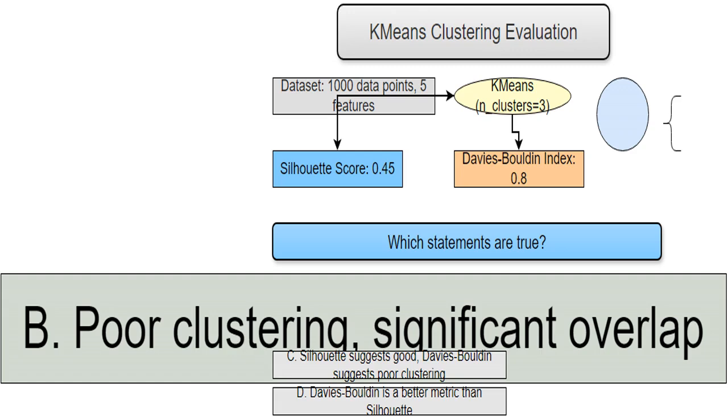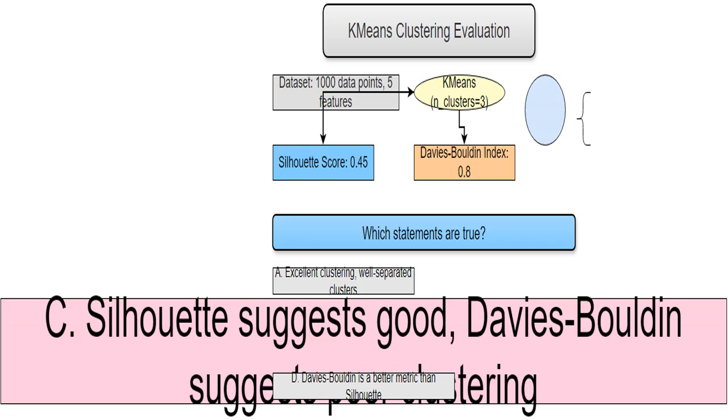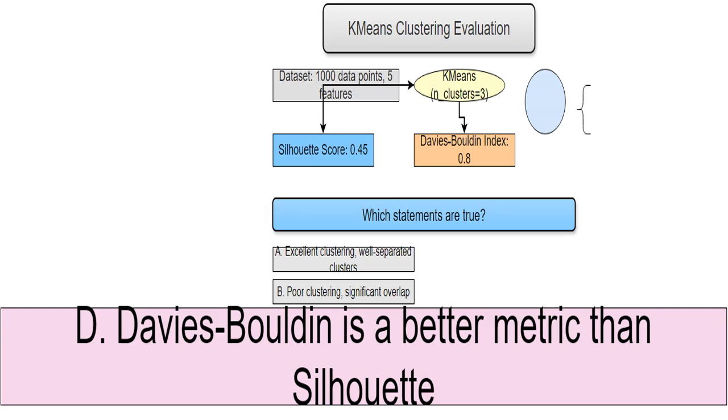However, the silhouette score isn't entirely negative. This is the correct statement. It accurately reflects the conflicting information. The silhouette score suggests the clustering is moderately good, while the Davies-Bouldin index shows poor separation between the clusters. This is subjective. Both metrics provide valuable information, and neither one is universally better than the other. We need to consider both to get a complete picture.